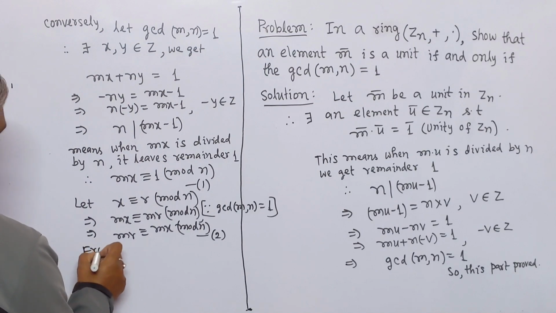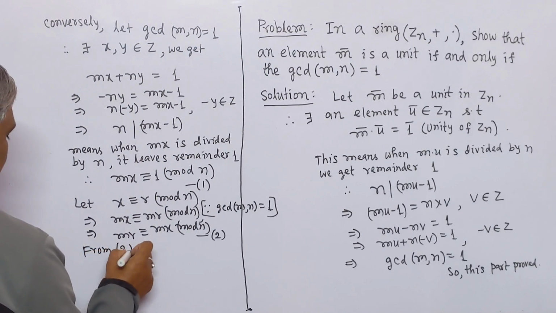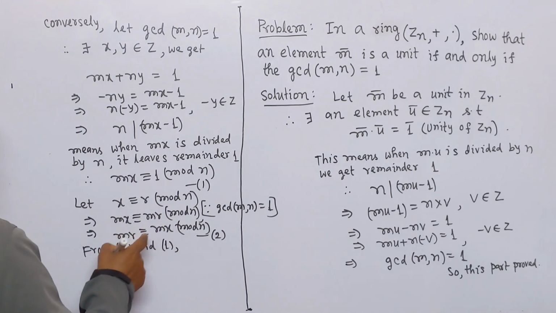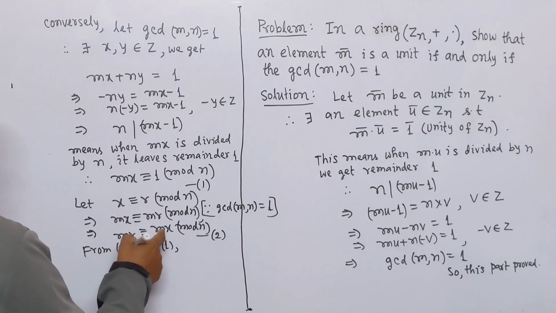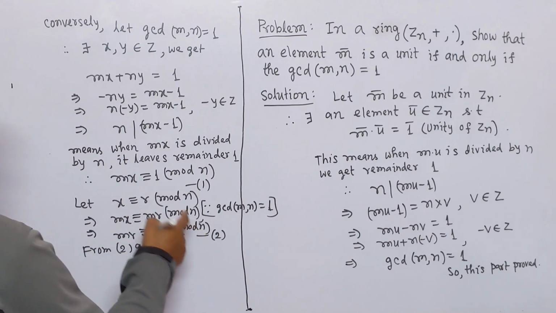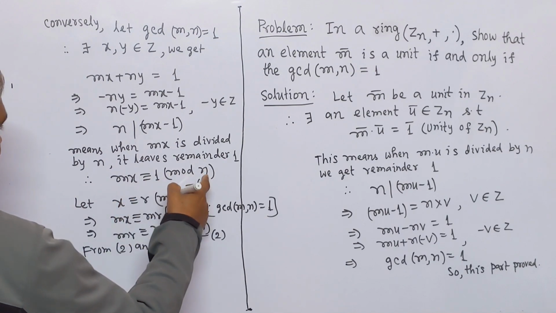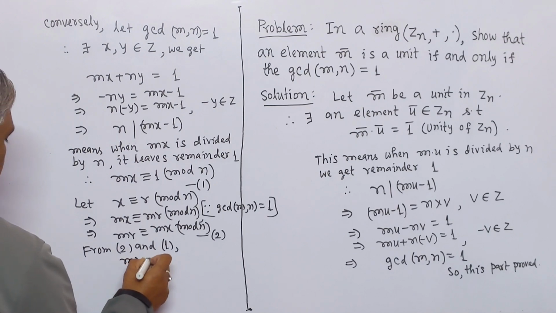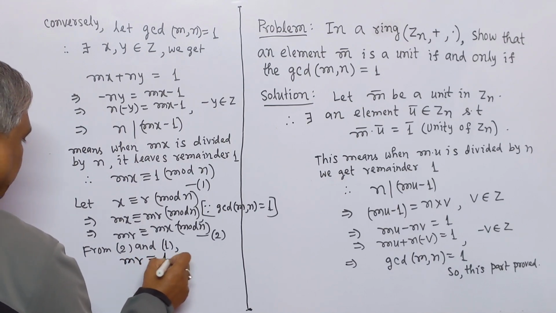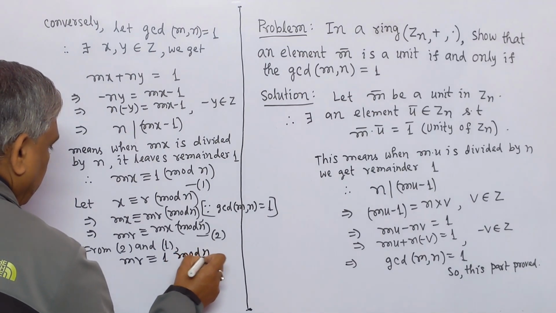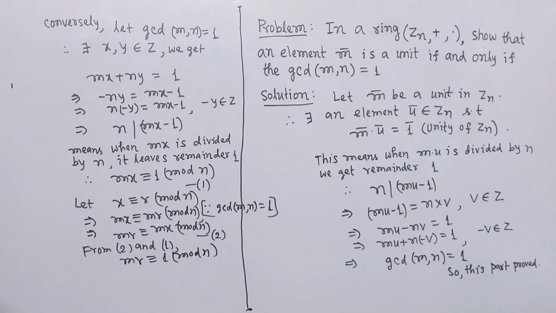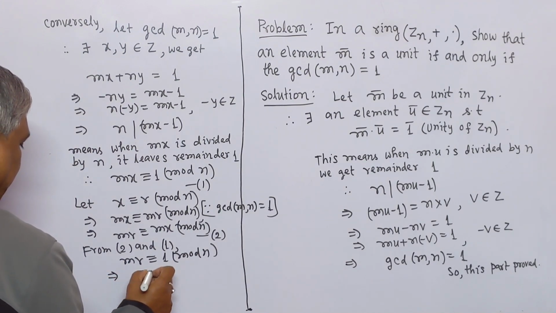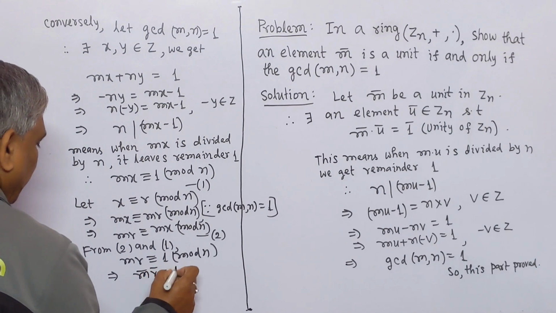From 2 and 1, here mr is congruent to mx modulo n, and here mx is congruent to 1 modulo n, which means mr is congruent to 1 modulo n. That means m bar r bar equals 1 bar.